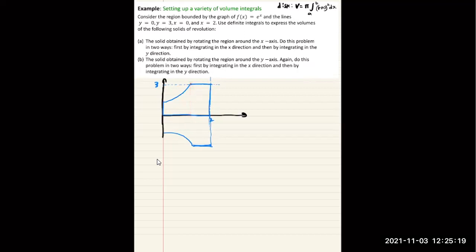You set these two functions equal, y is equal to 3 and y is equal to e to the power x, to find this intersection point. If you set them equal, e to the power x equals 3, you will get x is equal to ln 3. So this value is ln 3.